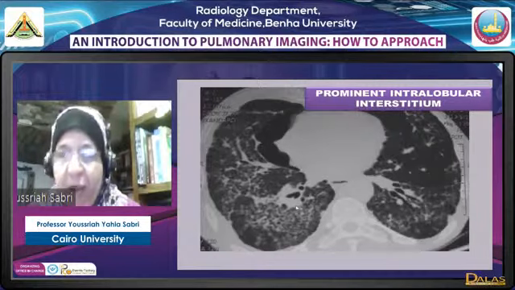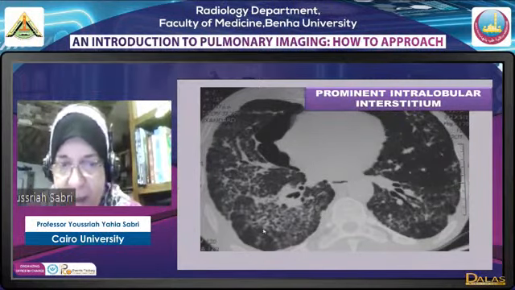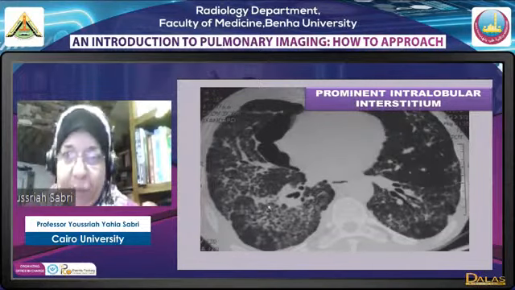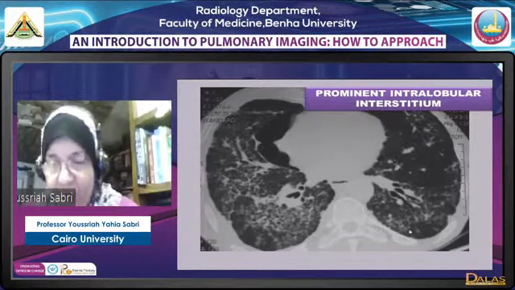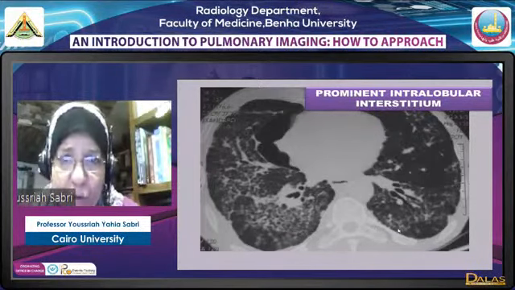There are several types of interstitial pneumonia according to some changes here. For example, in this case, you find relative sparing of the direct subpleural area. So this prominent intralobular interstitium with the relative sparing of the direct subpleural area will suggest non-specific interstitial pneumonia.